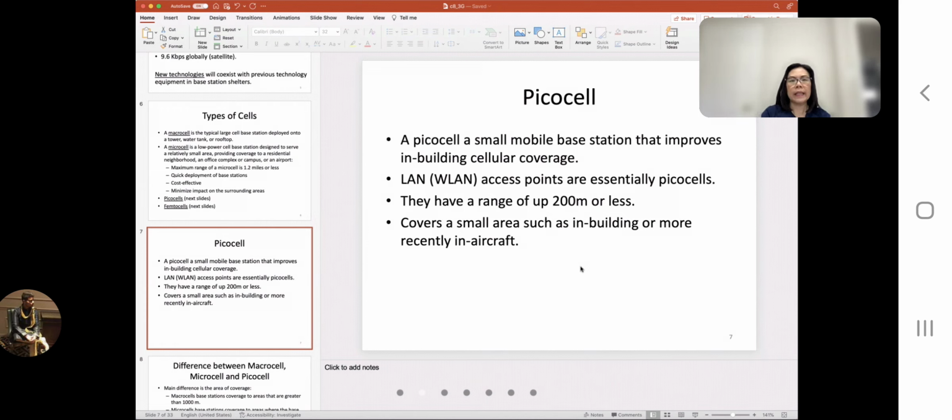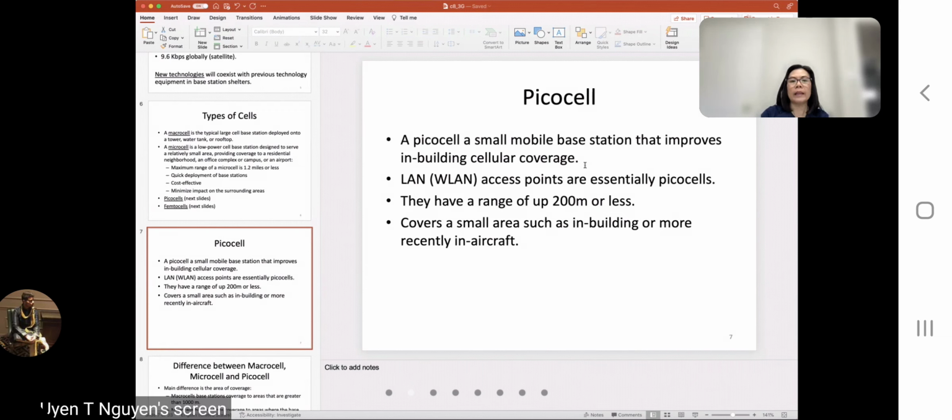So in that case, we can deploy a picocell inside the building, and then we connect the picocell with a macrocell or a microcell outside using wires. So picocells are deployed inside the building in order to help with the coverage.